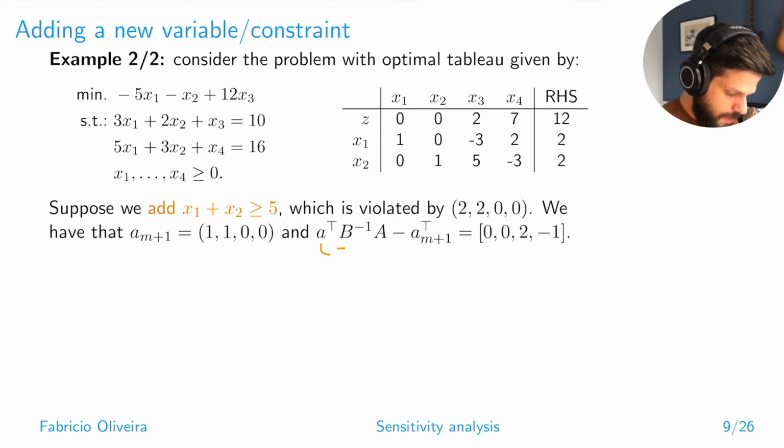My current B^-1 is this. My matrix A is my matrix A, the 3, 5, 2, 3, 1, 0, 0, 1.